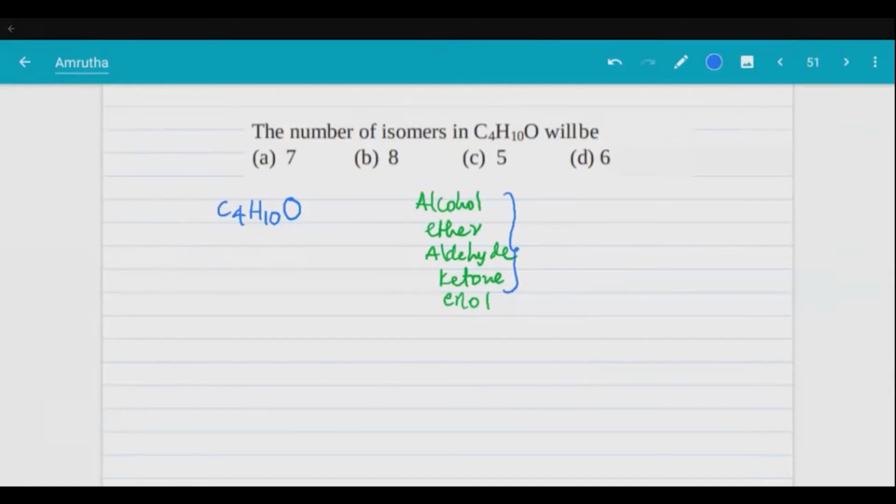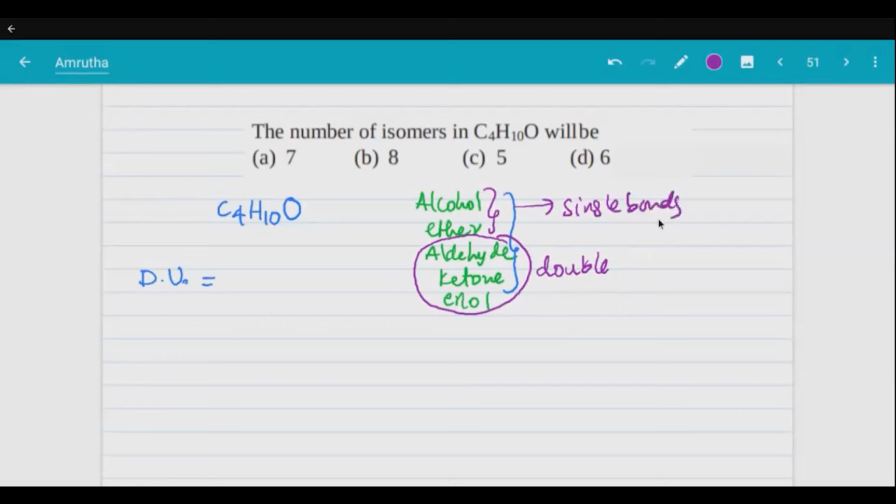This is the degree of unsaturation, which tells whether this contains double bonds or single bonds. If there is no double bond, we can eliminate these options. These options contain a double bond, but these options contain only single bonds. You can eliminate the options very easily. So that is what we should find, degree of unsaturation.